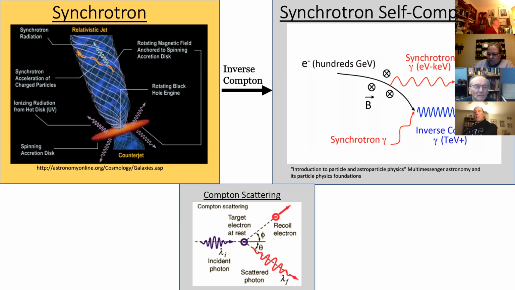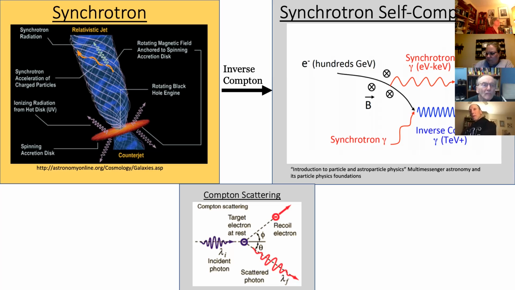Okay, so an electron is spiraling along an axis. It is accelerating towards that axis. And because it is accelerating, it loses some energy in the form of synchrotron radiation. Synchrotron radiation can emit anywhere between radio waves all the way up into X-rays.